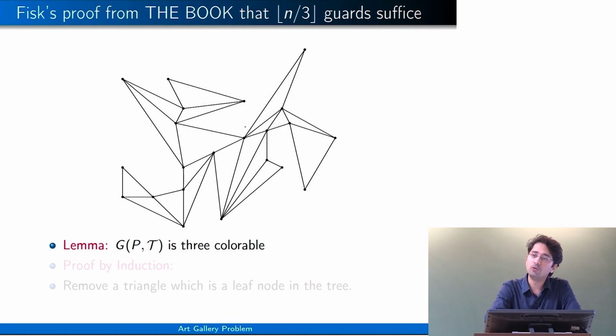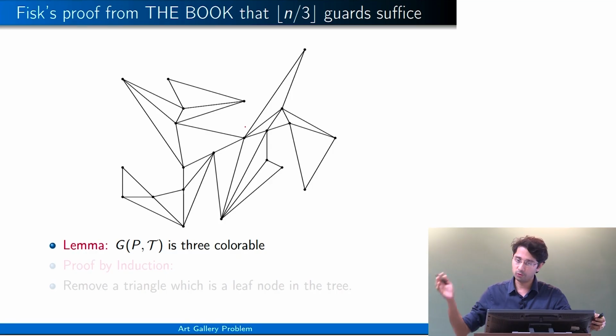Suppose I want to prove that any polygon with its triangulation with n vertices is 3 colorable. I want to prove this by induction. That means I am assuming that this statement holds for any value less than n, and I have to prove for n.